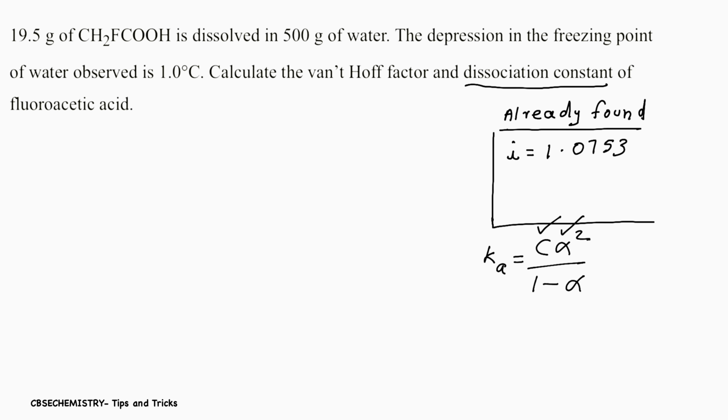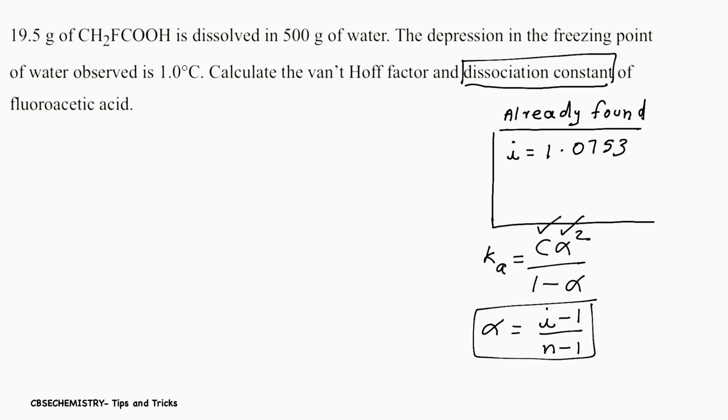And degree of dissociation is given by the equation i minus 1 by n minus 1. So for finding dissociation constant, you must know these two equations. Okay. So what is our task? First we have to find alpha, then we can find Ka, right? Ka means dissociation constant.